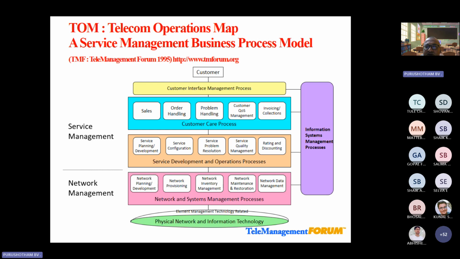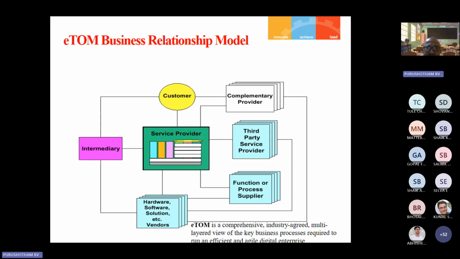Then we have the customer interface management process, and finally on top the customer will be there. This entire thing is supported by the information systems management processes. There are a lot of processes involved.